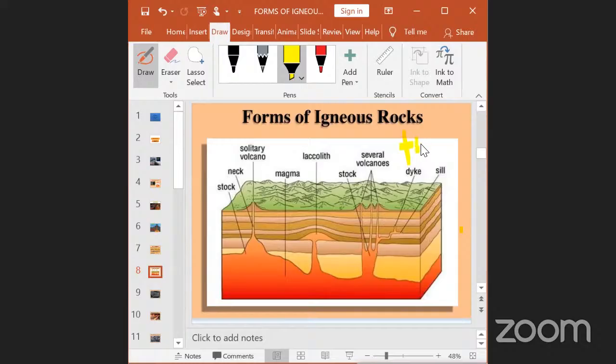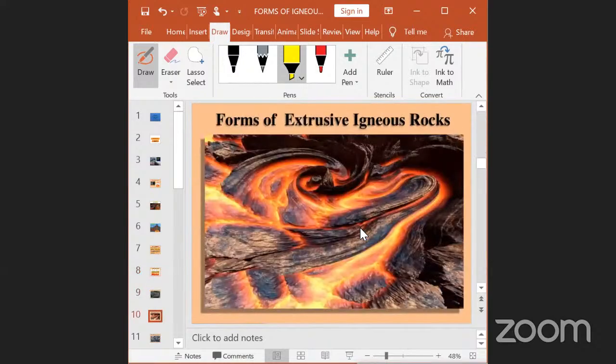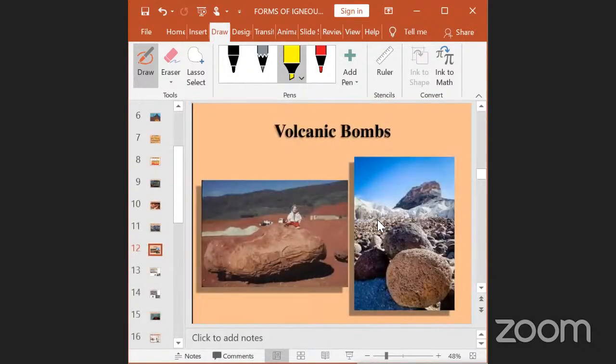Tuff. The volcanic agglomerate or volcanic breccia is the name given to the consolidated heterogeneous mass of pyroclastic minerals, right? Pyroclastic minerals.